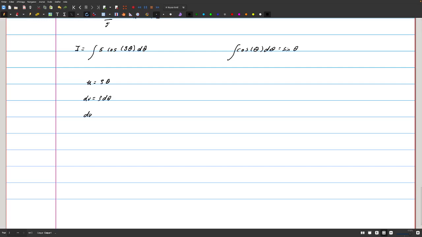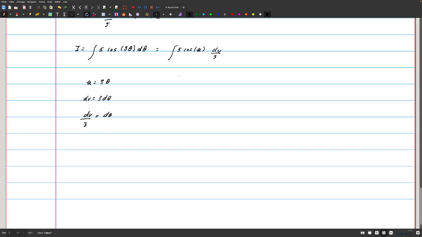So du over 3 is equal to d theta, right there. Very easily, we put this into our argument, so we'll have the integral of 5 cosine of u, because we replaced that from our 3 theta, times du over 3.